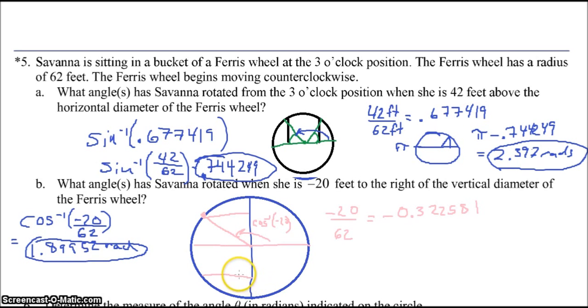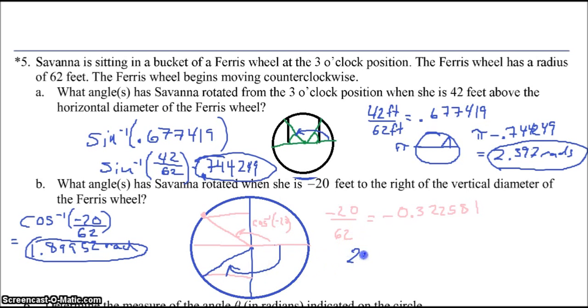Now to find this other one, note, let's see, what should we note here? That if we had gone all the way around this way, this angle is also negative 1.89952 radians.